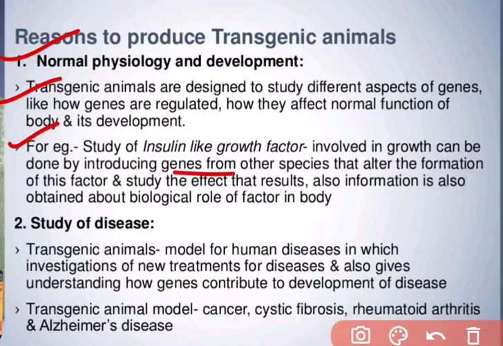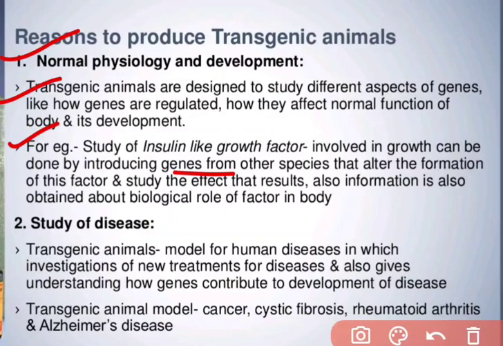It is done by introducing this gene from other species that alters the formation of this factor. We introduce that same gene in another body, so we can get information about how it works and its biological role in the body.